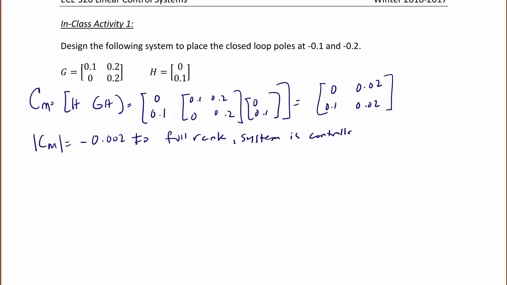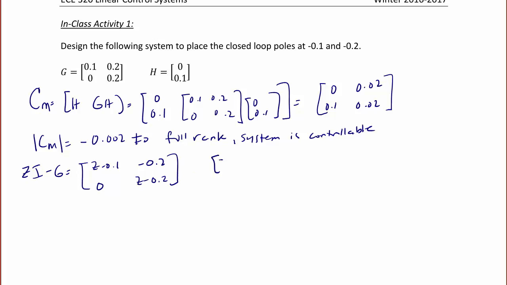So now that we know we have a controllable system, you actually can find the gain vector K that will satisfy our closed loop poles negative 0.1, negative 0.2. So next I'm going to find zI minus G. zI minus G is [z minus 0.1, negative 0.2; 0, z minus 0.2].